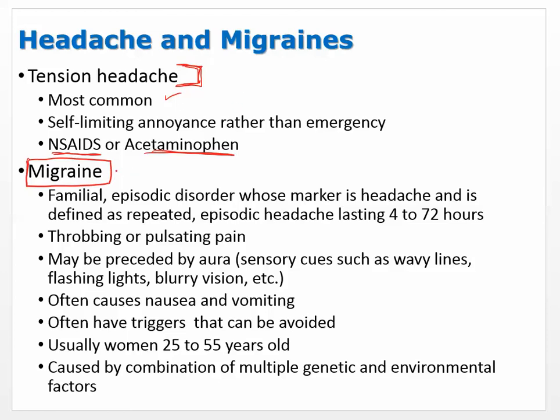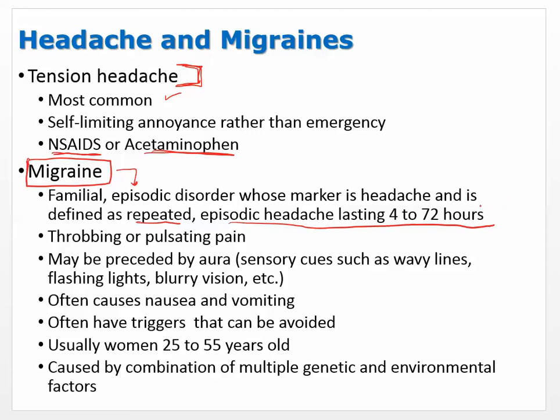But a migraine is a familial episodic disorder whose marker is a headache and is defined as repeated, this sounds awful, repeated episodic headache lasting 4 to 72 hours. The headaches I've had haven't been pleasant.